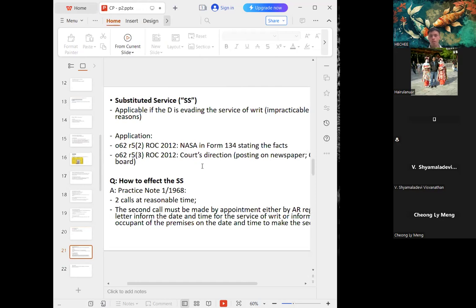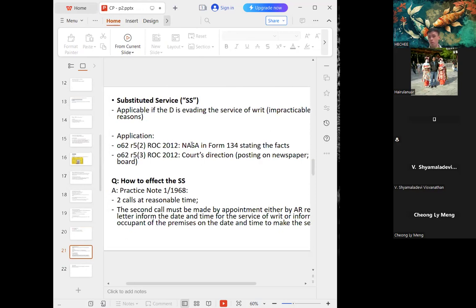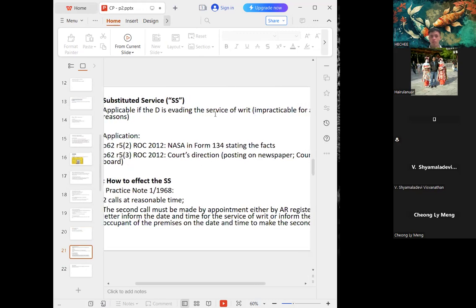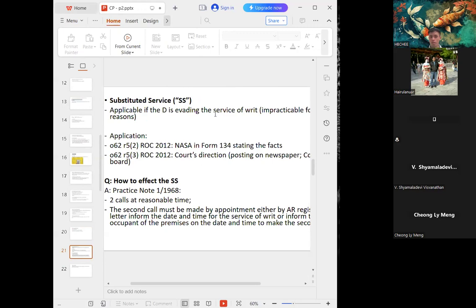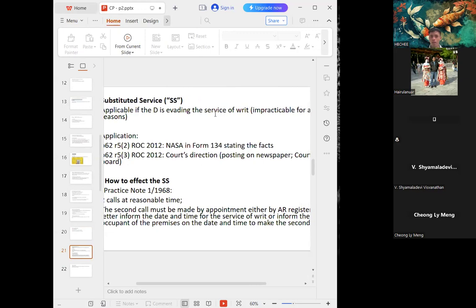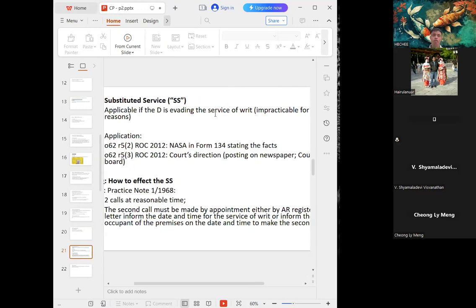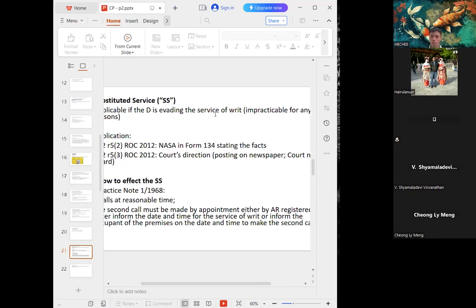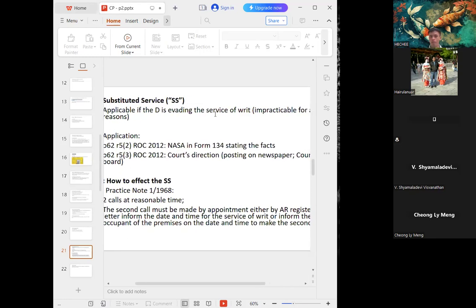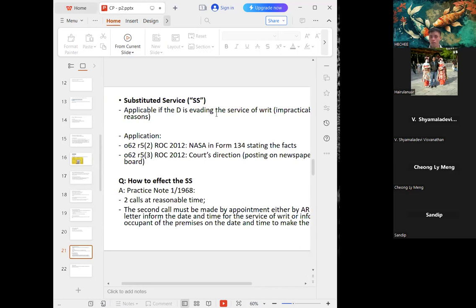Okay, now here is the substituted service, the SS. What is the substituted service? When the defendant is evading the service of writ, it's given under Order 62, and the wording is that service of writ is impracticable for any reason.